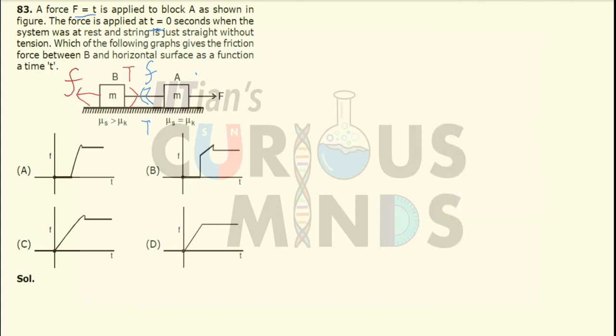There is a resultant for block A in the forward direction which will be equal to ma. This resultant will be equal to ma for the other block also, by constrained motion. So let us write down the equation of the force for block A: F minus the tension force minus the friction force will be equal to ma.